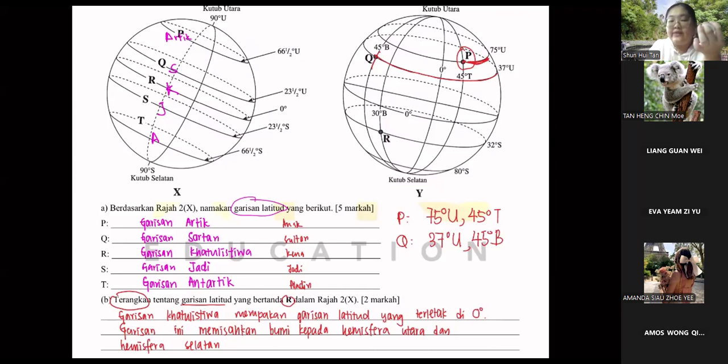After that, come with Timur or Barat. So can you tell me R? Show me R before we move. 32S and 30B. Yes, yes, yes. 32S, 30B. All right, Kenya, then let's move.